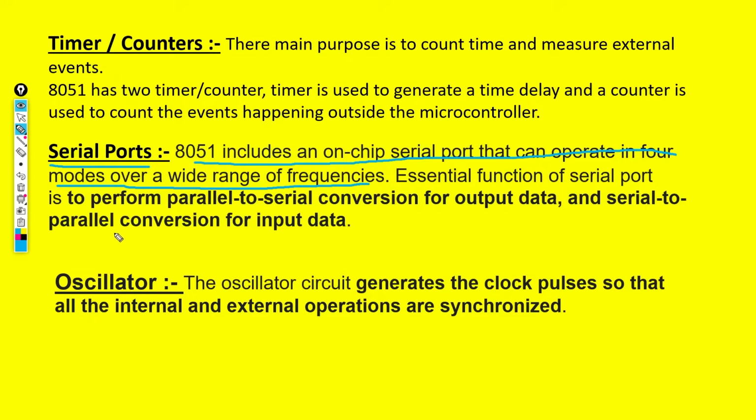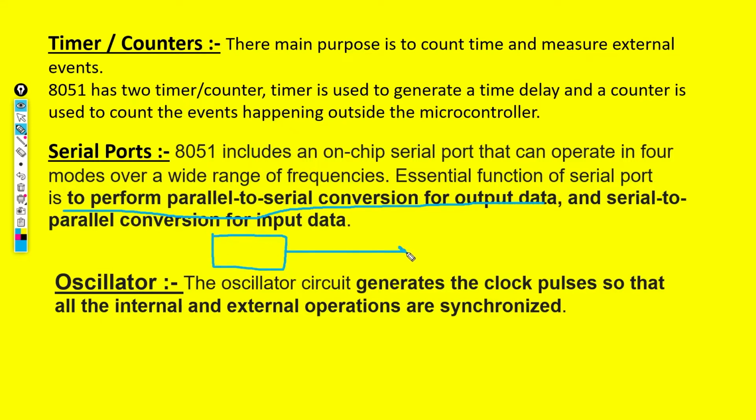As you have learned about data communication, when we transfer data from one port to another, we have a transmitter which is transmitting the data, and a receiver which is receiving the data. The receiver is known as RX and the transmitter as TX. What the serial port does is perform parallel to serial conversion for output data. As you must have learned in data communication, we can transfer data in two modes, parallel mode or serial mode.